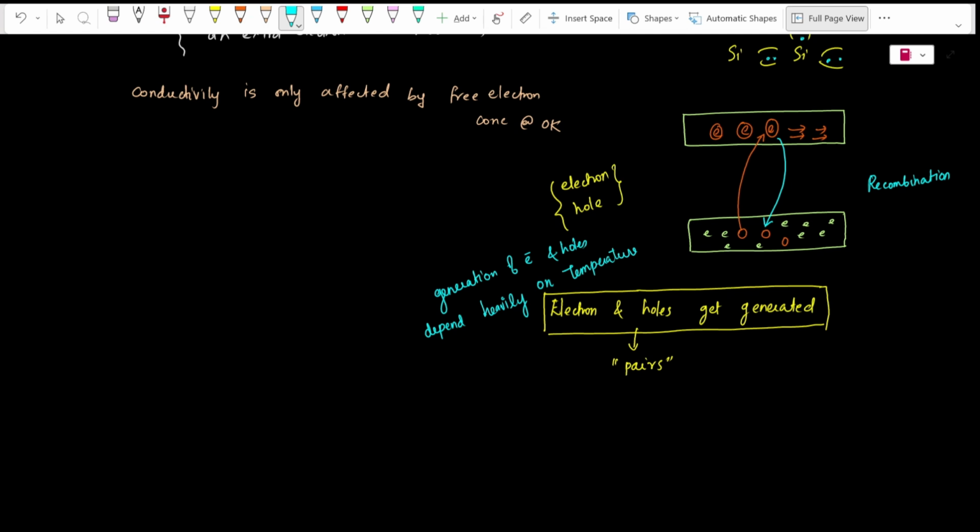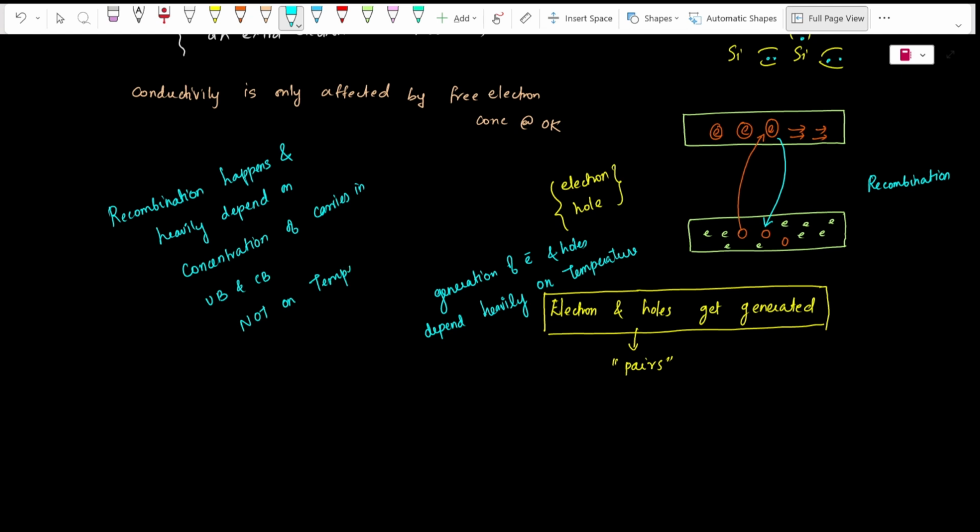Now, why does this happen? Recombination depends heavily on the concentration of carriers in the valence band and conduction band, not on temperature.